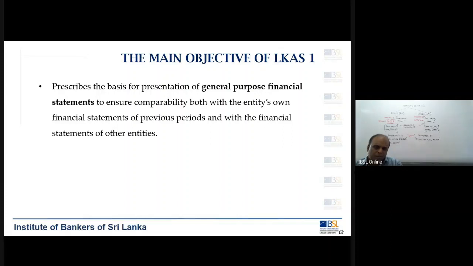So these general purpose financial statements should be detailed enough to explain how the company is actually doing. So that is why we talk about where these financial statements should ensure comparability both with the entity's own financial statements of previous periods and with the financial statements of other entities. Okay. So LKS1, the objective is where it looks at the reader who is accessing the publicly available document, the general purpose financial statement, for them to read and understand this easily.